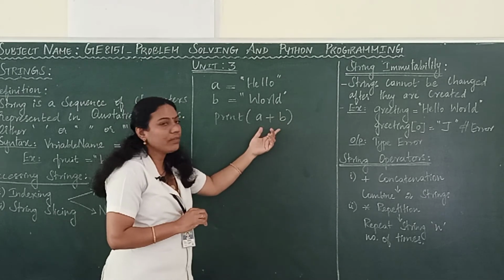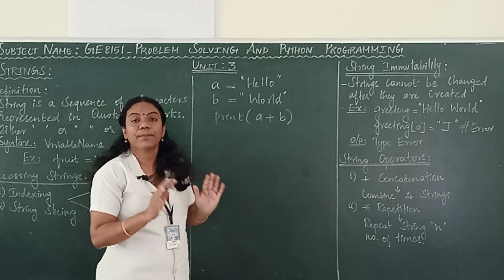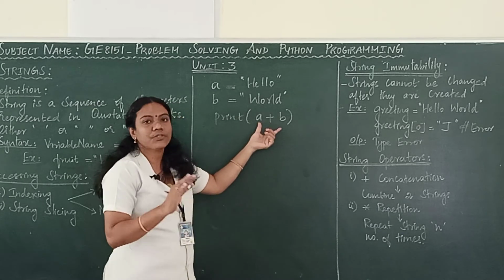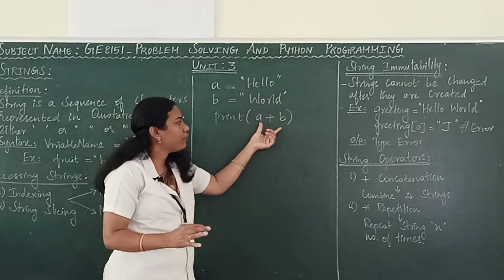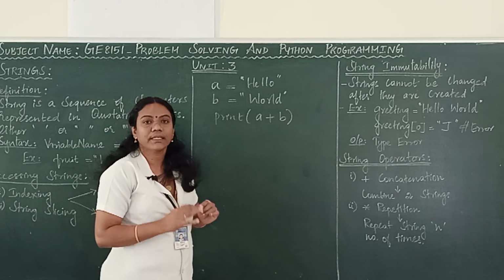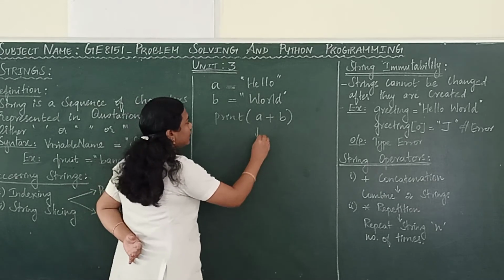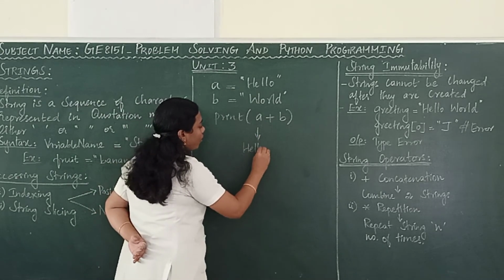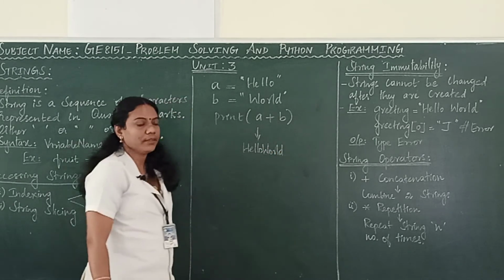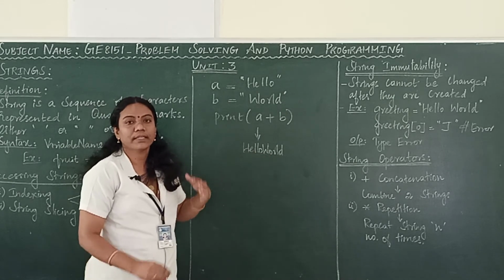Will I get a proper output or not? According to Python, you will get a proper output. If A and B are both strings and I introduce the operator plus in between, it will do the operation called concatenation, that is joining the two strings. I will get the output hello followed by world. Both the strings will be joined together. This is the meaning of concatenation.